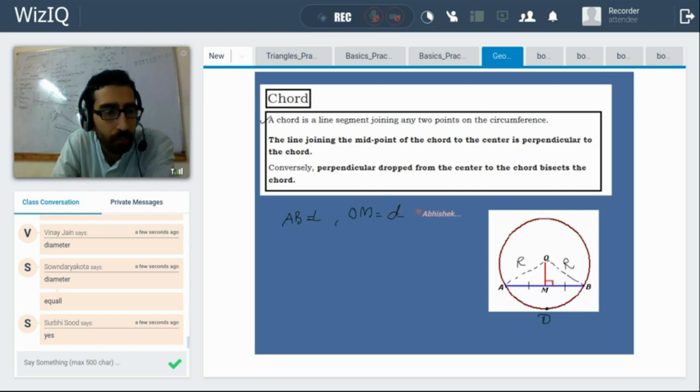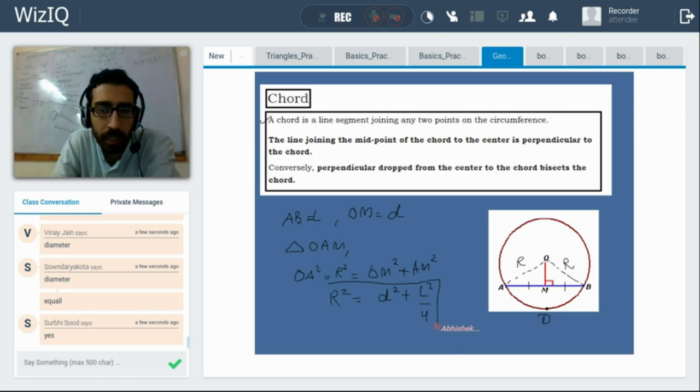Let me take that to be D. Then in triangle OAM, surely OA square, which is equal to radius square, is equal to OM square plus AM square. M we had already established is the midpoint, and thus R square is equal to D square plus (L by 2) whole square, or L square by 4. AM is equal to L by 2, and the whole square of that becomes L square by 4. Is this good? Is this clear?